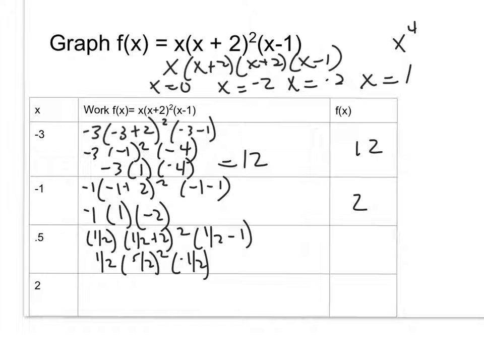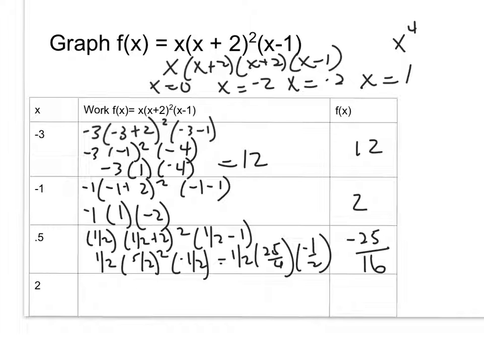So 5 halves squared is 25 fourths, so this becomes a half times 25 fourths times negative a half. So this will be a half times 25 times negative 1 is negative 25, and then 2 times 4 is 8 times 2 is 16. And so that's what I'm going to graph here in just a little bit.